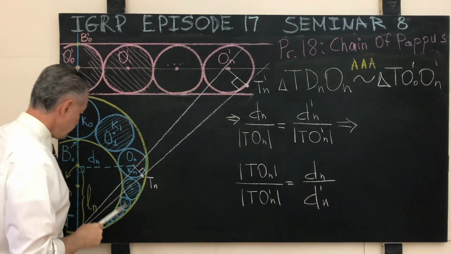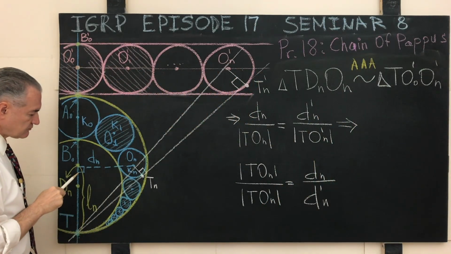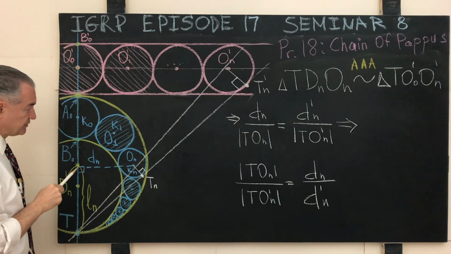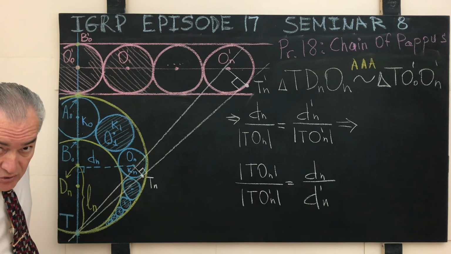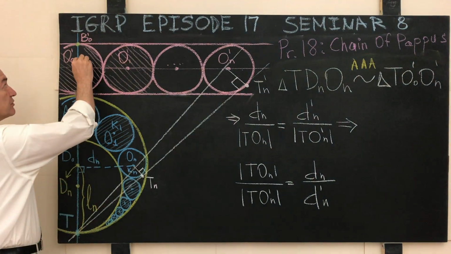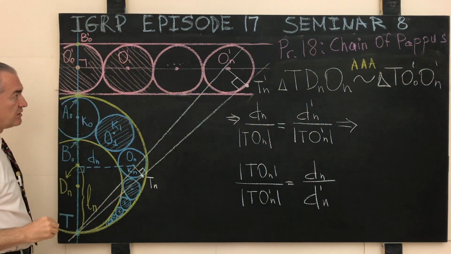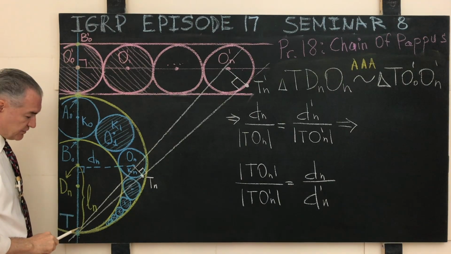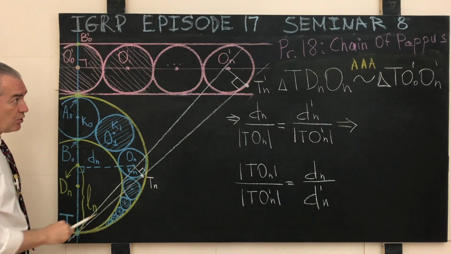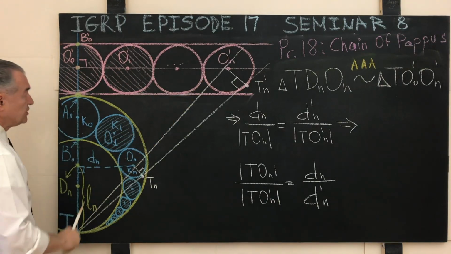That much is evident. The angles at the vertices D_n and D'_n are right by construction. This angle over here is evidently right too. The interior angle at the vertex T is shared by both of these triangles.